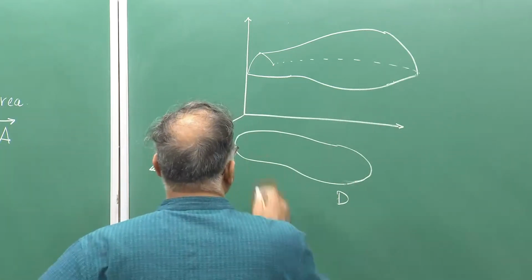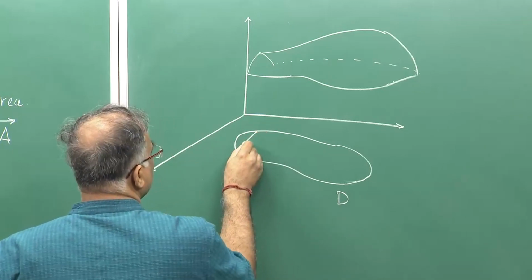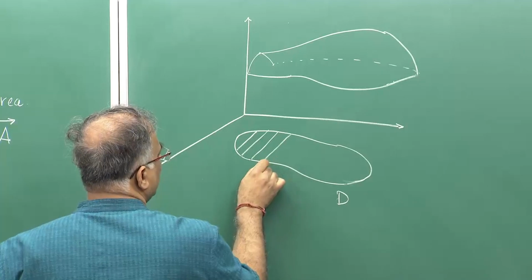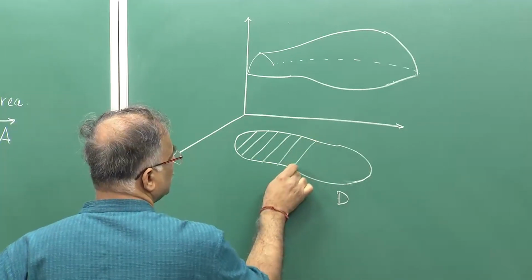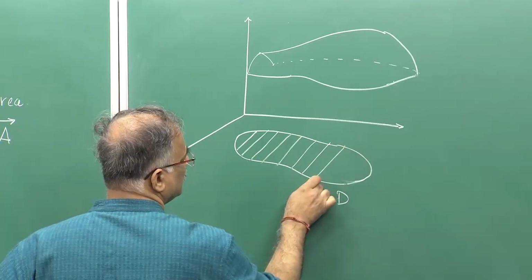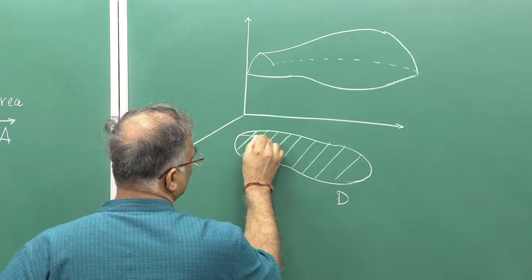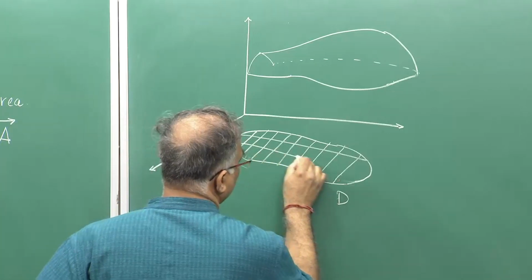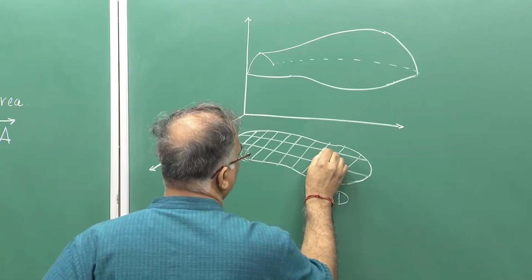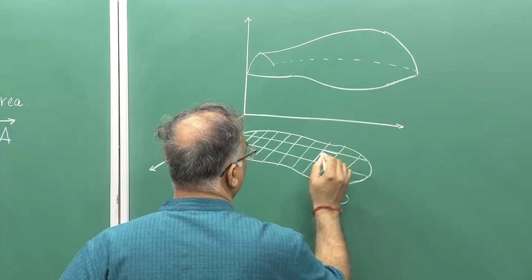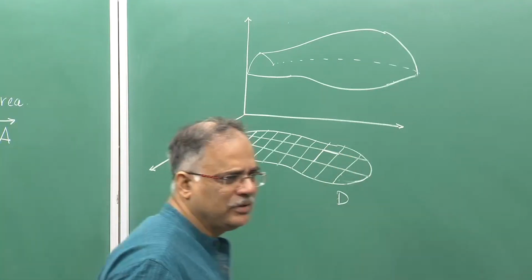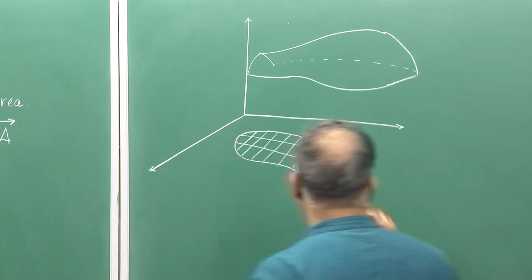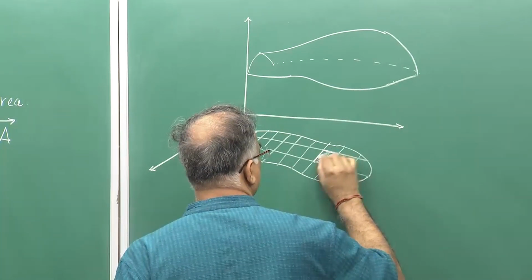What you do is you take some rectangular grids in the domain D and make them very small, so that I can consider one of them as an elemental area. So, let me consider this is your dx and that is your dy.